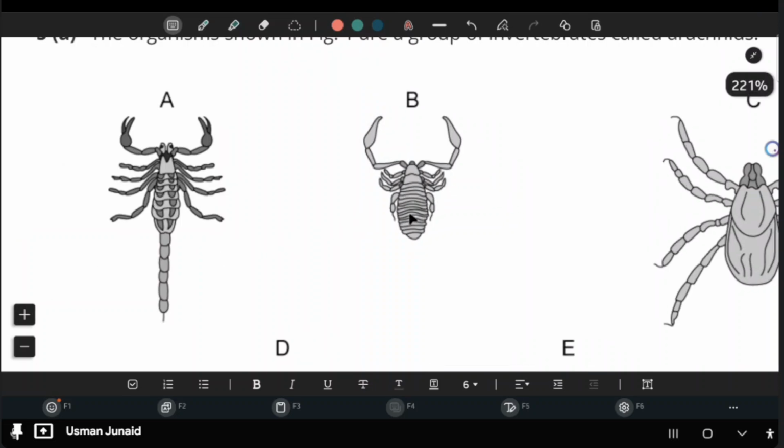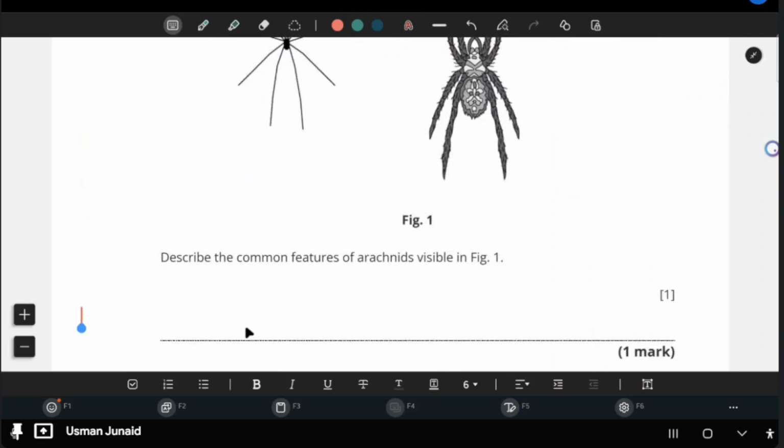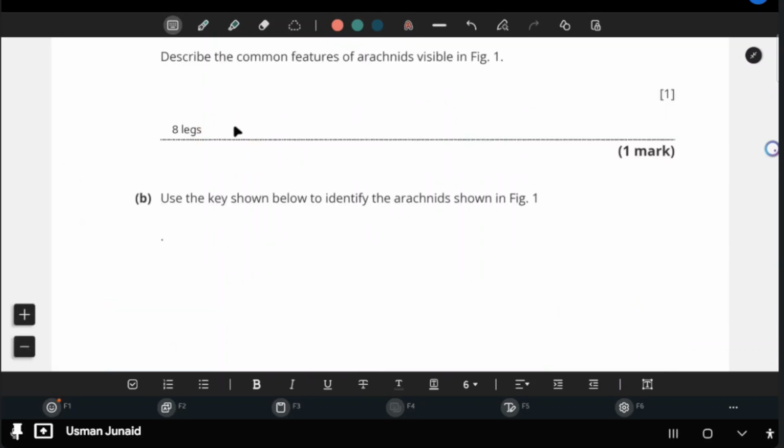Eight. All of them have eight legs. You can write eight legs or you can write four pairs of legs.